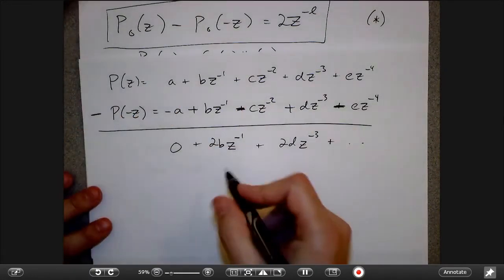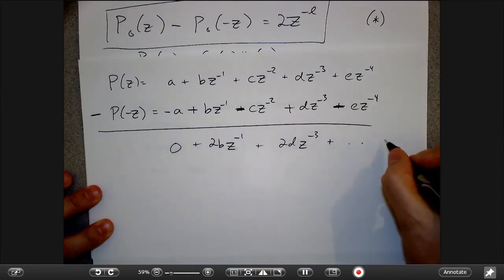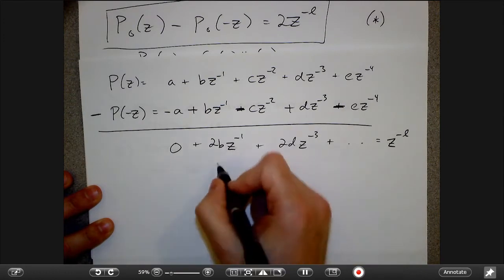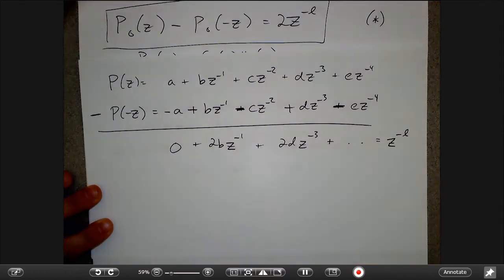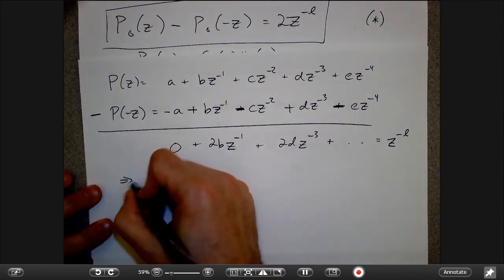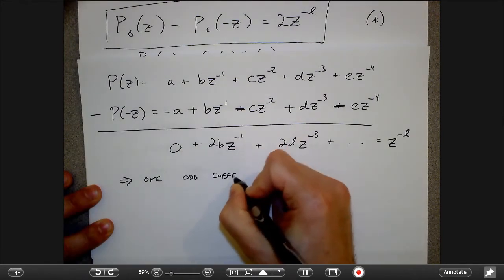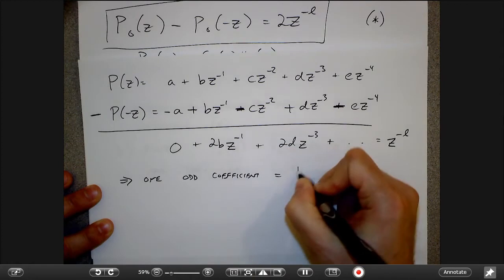And then this condition says, okay, if I want this thing to be equal to Z to the minus L, that means that one of these guys has to be 1/2. So that means that one odd coefficient has to equal 1/2.